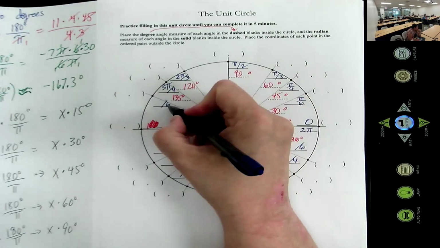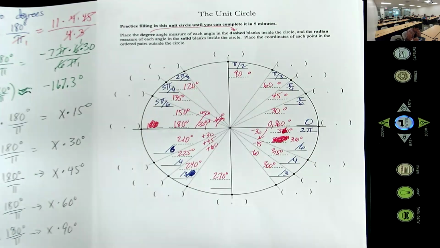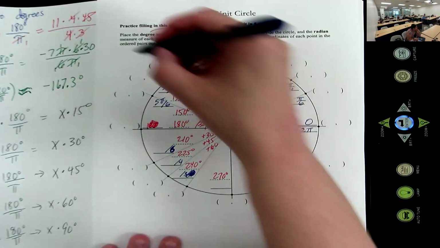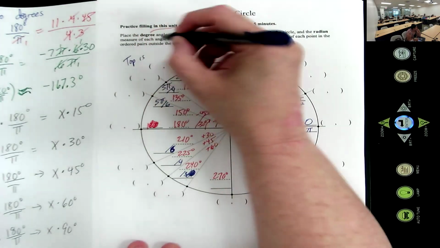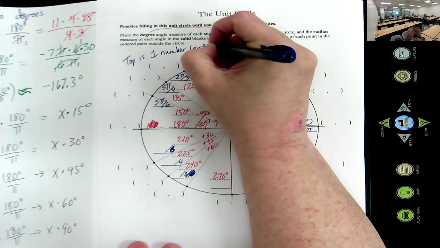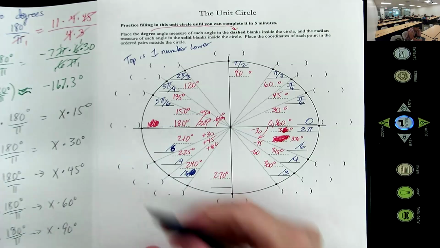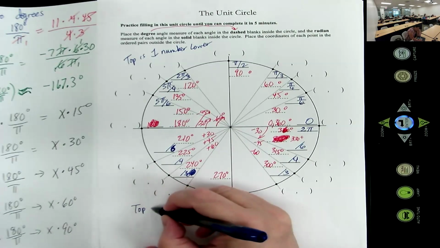This has a 6 on the denominator, one number lower is 5, I'll put 5 pi there. So up here, top is one number lower. And down here, top is one number higher.